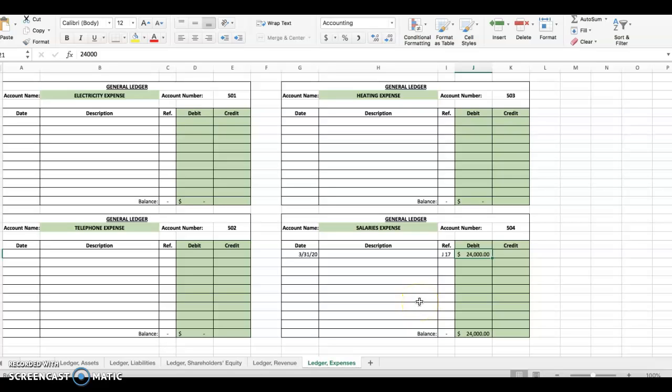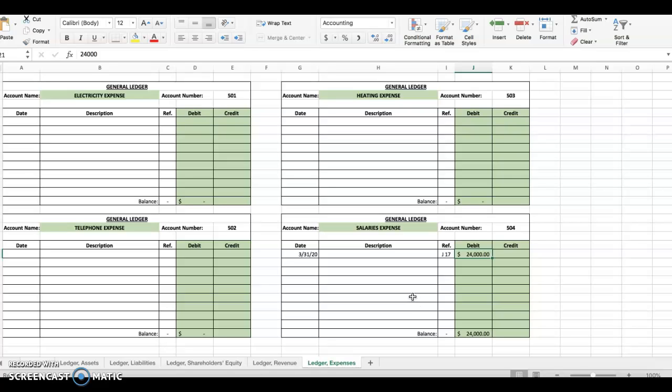As I said several times now, the revenue account, normally sales, and all the expense accounts end up at the end of each accounting period with a zero balance. And don't worry about why that is at this point. We'll explain that a little later. It has to do with the fact that these are the things that end up on income statements, which show information for one particular accounting period.